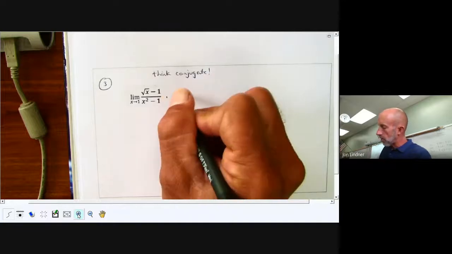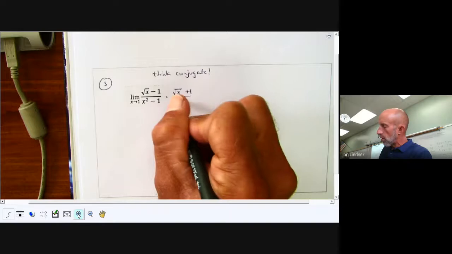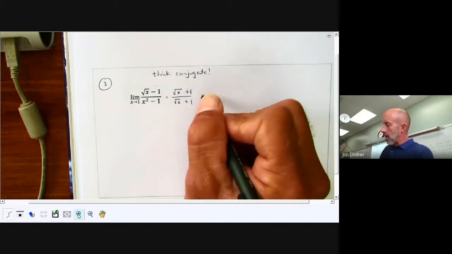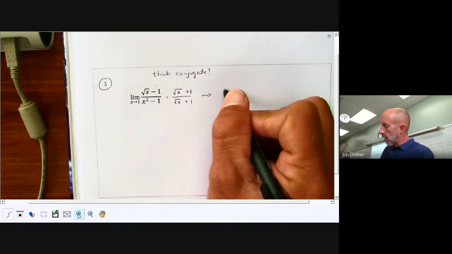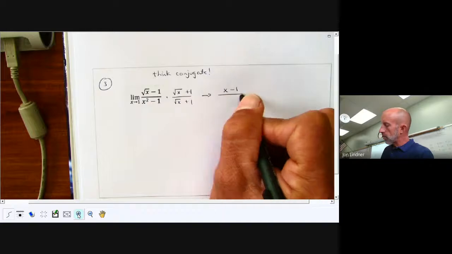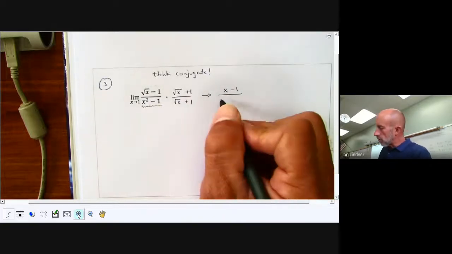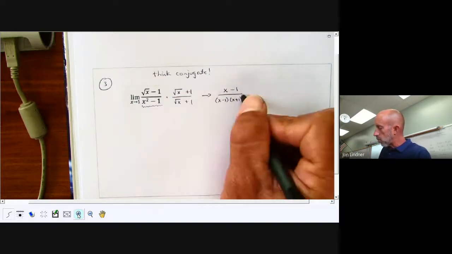So I would multiply the top and bottom by the square root of x plus 1 over the square root of x plus 1. The conjugate is our friend. It really does help us a lot. Because on top now, look what I've got. I now have x minus 1 on top. This thing right here is a difference of 2 squares that becomes x minus 1 times x plus 1.